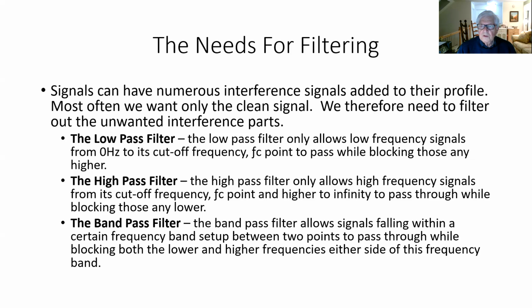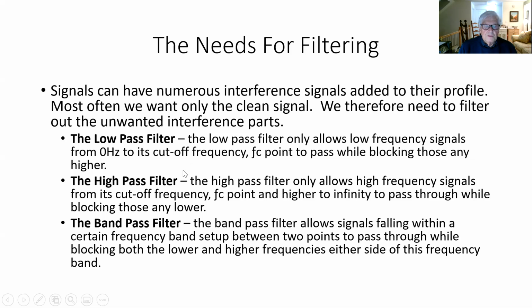In other words, for signals that have low frequencies, we pass just those, and we discard the higher frequencies. The ones that we pass are usually from 0 hertz up to a certain frequency, which we call the cutoff frequency, FC. Above the FC for a low-pass filter, nothing passes along because the power just isn't there.